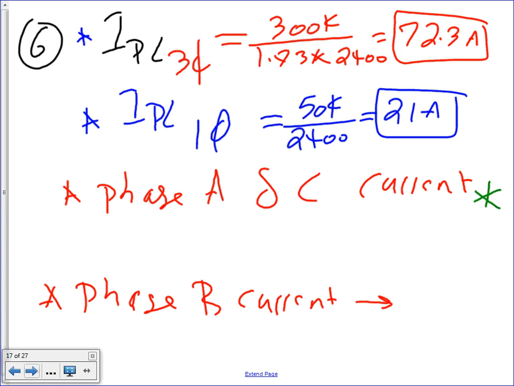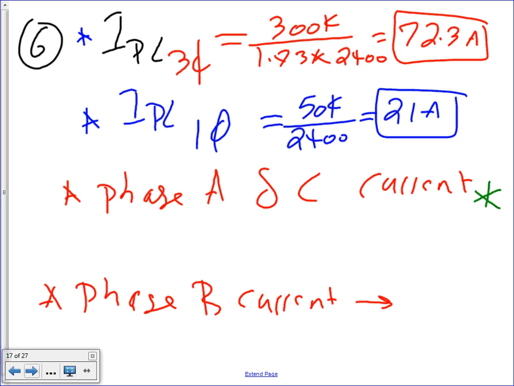So I have two line currents, guys. One of them is coming from the three-phase, and one of them is coming from a single-phase load. Now, that's when we start splitting here, when we size phases.